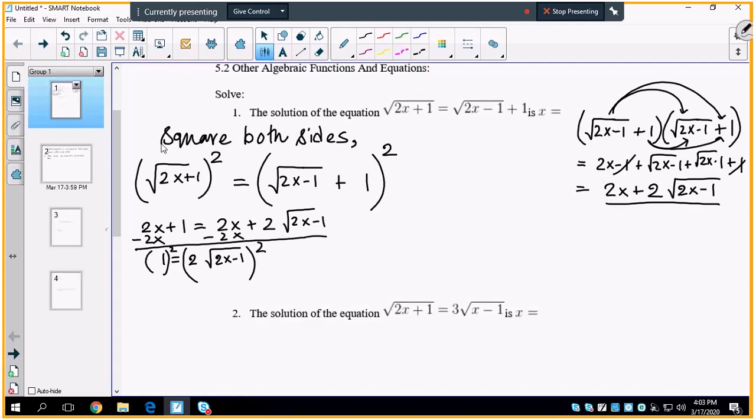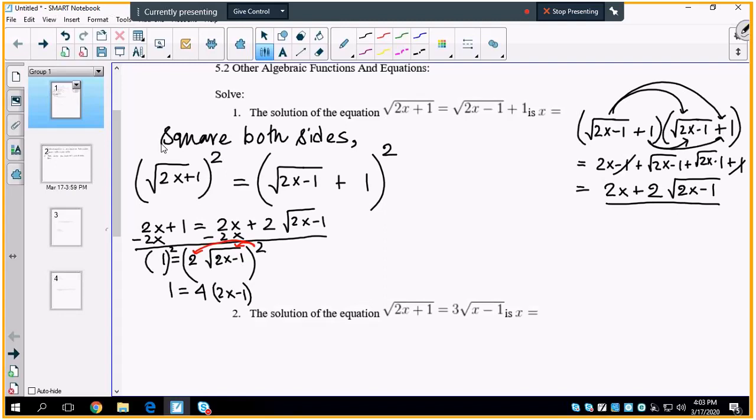This time, I will be a little careful, as on the right hand side, I have two terms multiplied, so by the power rule of exponents, the power goes to both 2 and the radical term square root of 2x minus 1. On the left hand side, 1 squared is 1, 2 squared is 4, and square root of 2x minus 1 squared is 2x minus 1.